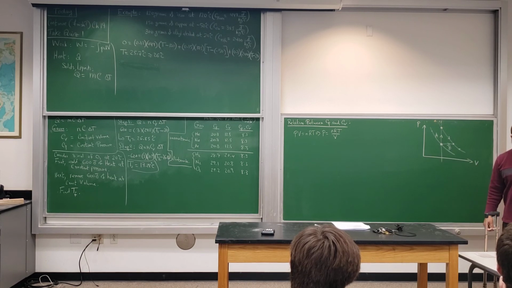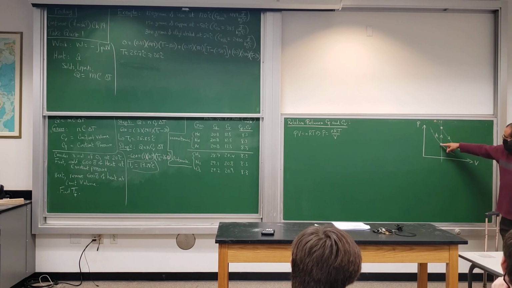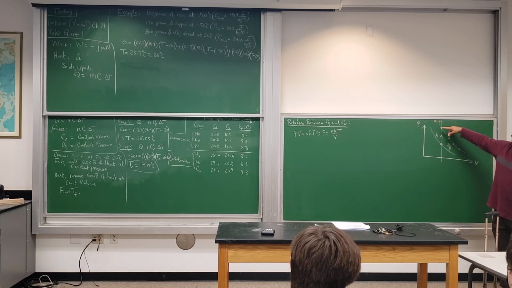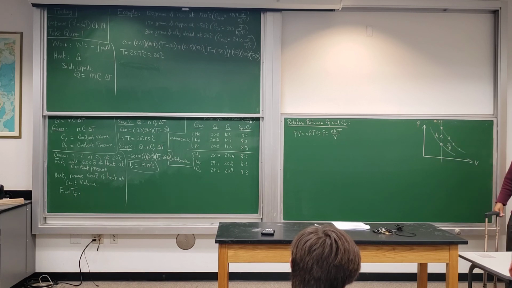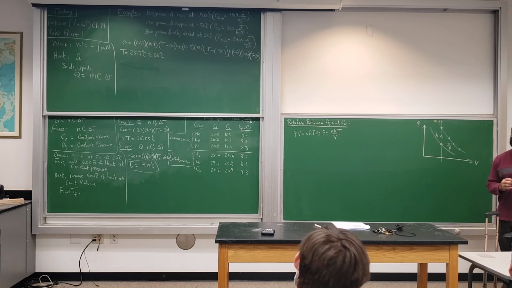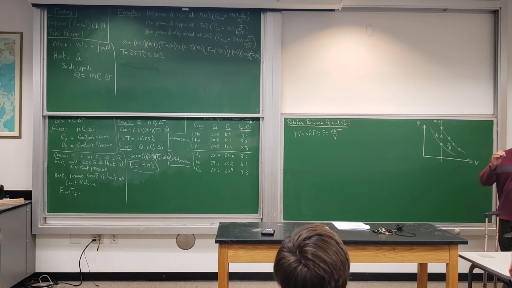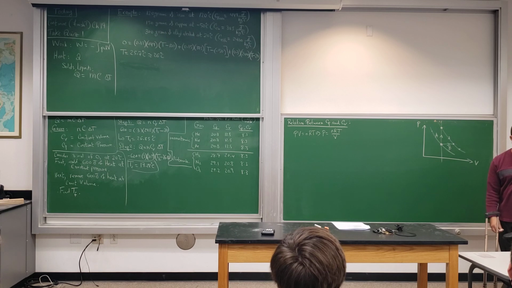Is that clear? Okay. So in process B I'm expanding at constant pressure, and process A is constant volume. The temperature in both processes rose. So what happened to the thermal energy? Does it increase, decrease, or stay the same? The temperature is higher, so it increases.